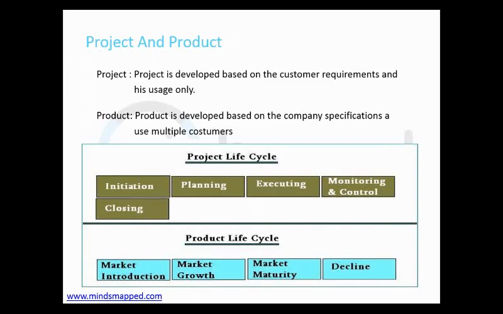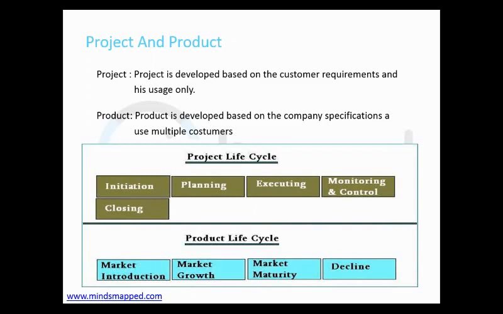Now, product life cycle. If you want to create a product, what we need to do will be based on market study: what exactly we need to create and develop. If I'm putting it into the market, who is going to use it and how will it be used. So we need to do some market study.